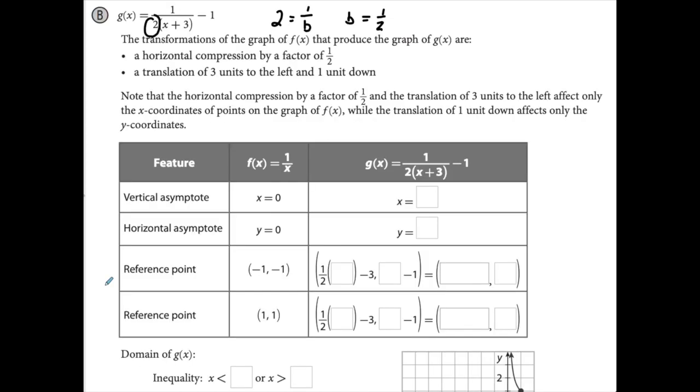So going back to our example, we also see a translation of 3 units left, be careful with the sign, and 1 unit down. Again, it's like opposite and like the same, kind of like how it's always been. So remember, I always say think about what makes it equal to 0, and I think you'll be in pretty good shape. Okay, let's take a look at this graph right here. Forget about the transformation stuff right now, and let's see if we can find the asymptote. We cannot plug in x equals -3, because if we do, we get -3 plus 3 is 0. 2 times 0 is 0.